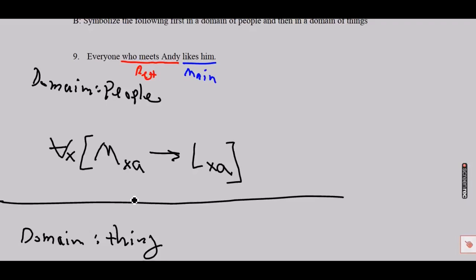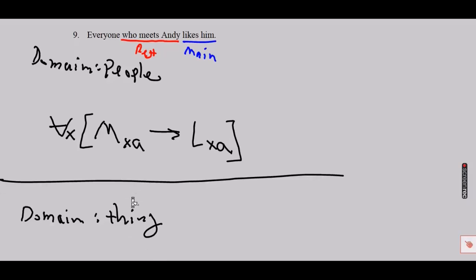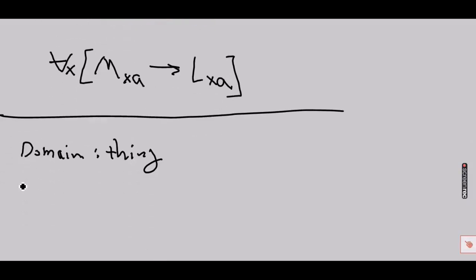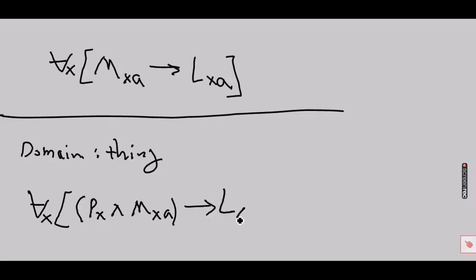We are not just talking about anything. We are talking about a specific group of things, people who meet Andy. So here is how we do it. We say for all X in the domain of things, if X is a person and X meets Andy, then X likes Andy.